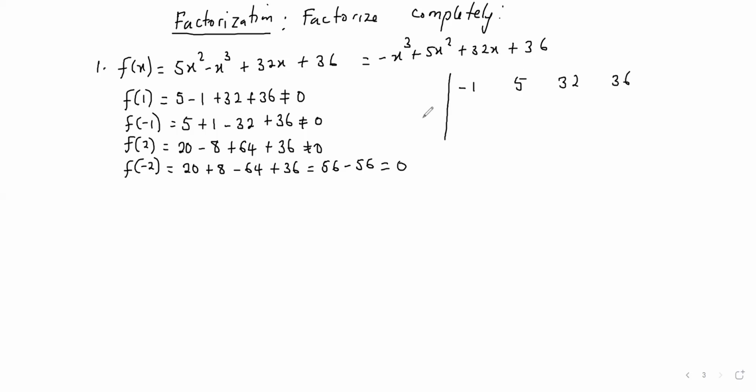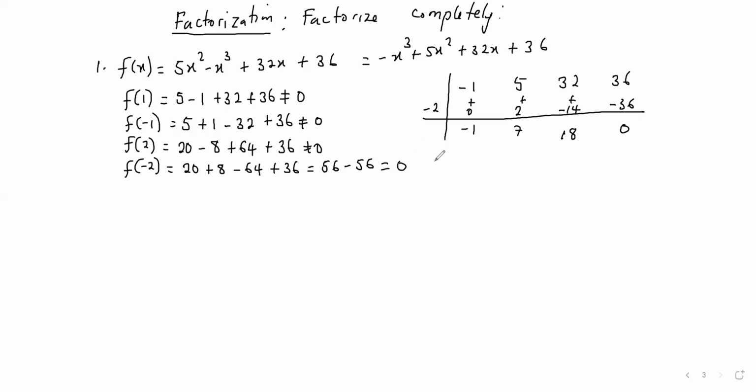And then I'll put the number -2 here, add, multiply, add, multiply, add. So 32 minus 14 is actually 18. Then multiply so that I get 0.